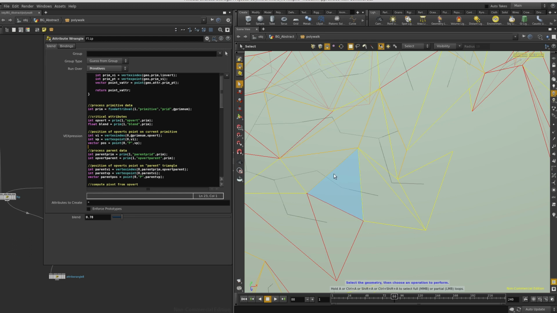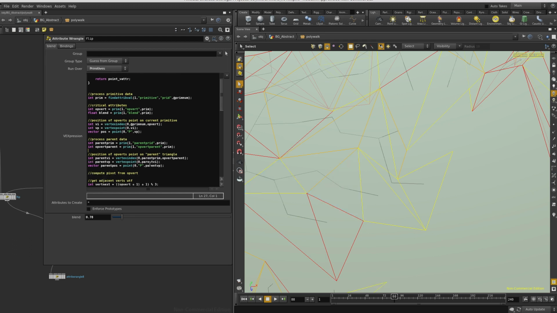So it's this triangle here. And remember, this flip is operating on the triangle mesh. And so what we get with this is the standard vertex index, vertex point, and then get the point position. So we're getting that position, the opposite position.